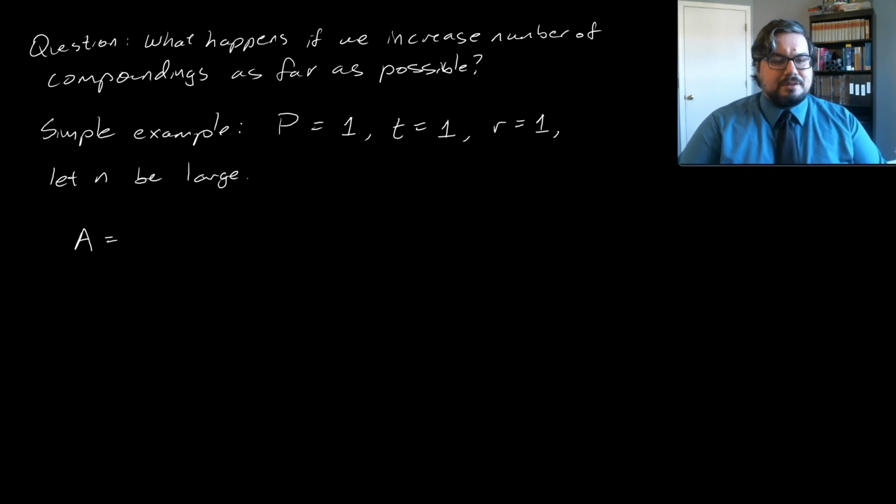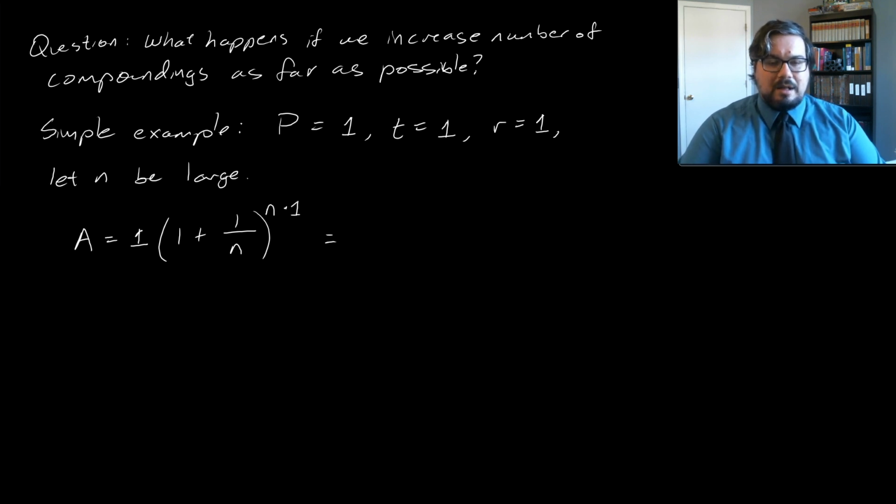So if we do this, then our amount will be 1 times (1 plus 1, for the rate, over n) raised to the n times t, which is 1. So that's just (1 plus 1 over n) raised to the n.